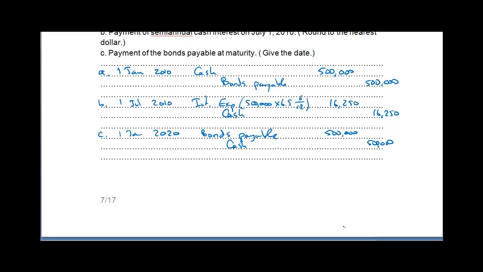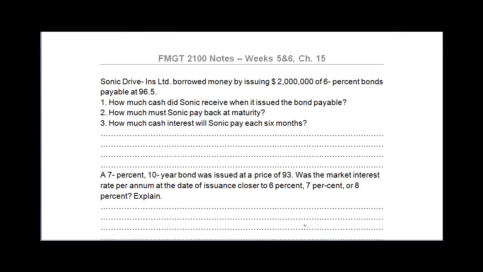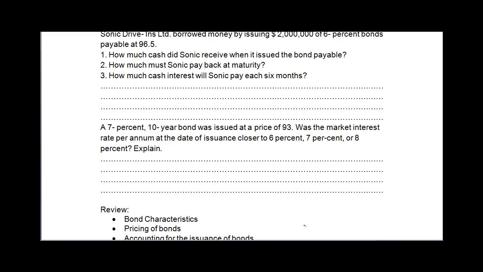Okay. Next question. Sonic Drive-Ins borrows some money by issuing $2 million of 6% bonds payable at 96.5. How much cash did Sonic receive when it issued the bonds payable? Okay. So, well, $2 million was the maturity amount, but they did it at 96.5.